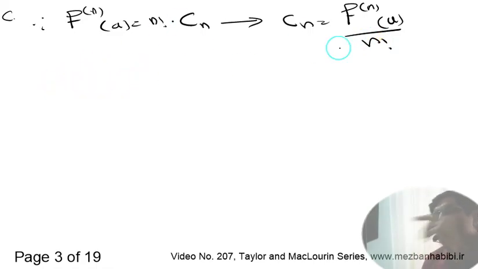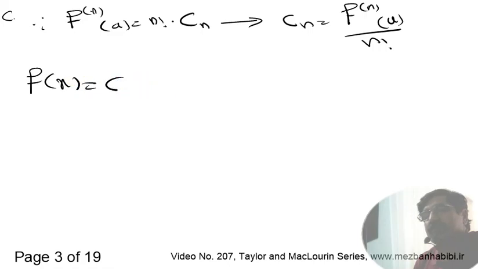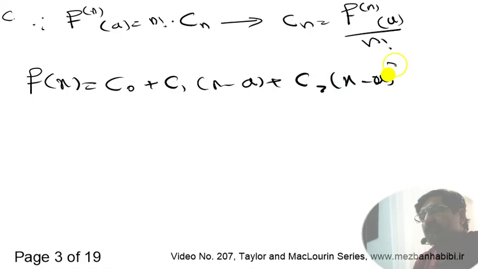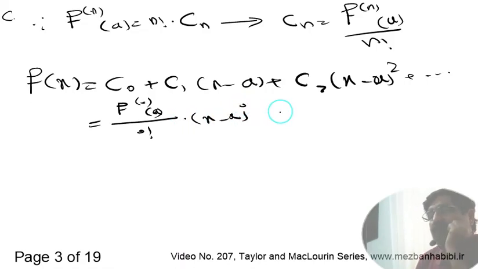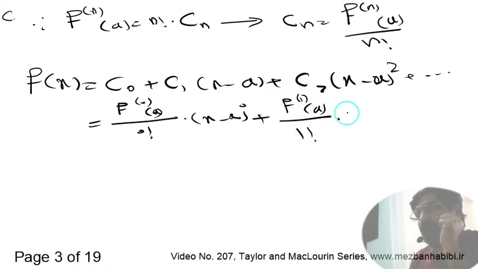By substituting this ci in the power series notation of f at a, we have f of x is c0 plus c1 times x minus a plus c2 times x minus a squared plus dot dot dot. Here c0 is the zero derivative at a over 0 factorial times x minus a to the power of 0, plus the first derivative of f at a over 1 factorial times x minus a, plus dot dot dot.